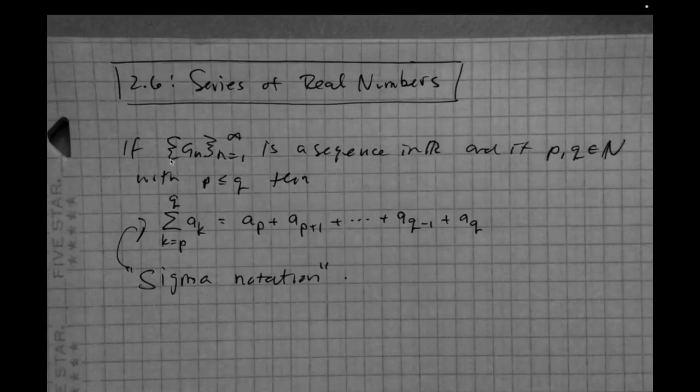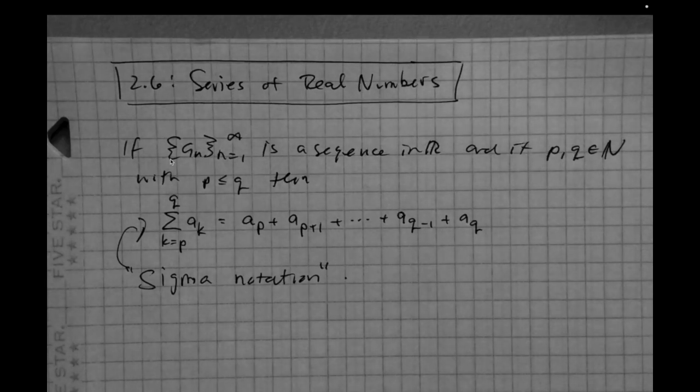I'm certain you've seen this in calculus, if not elsewhere. This is a convenient way of writing sums, and it's just taken for granted when we're talking about series that you know this notation. So I just want to make sure to level set on that.